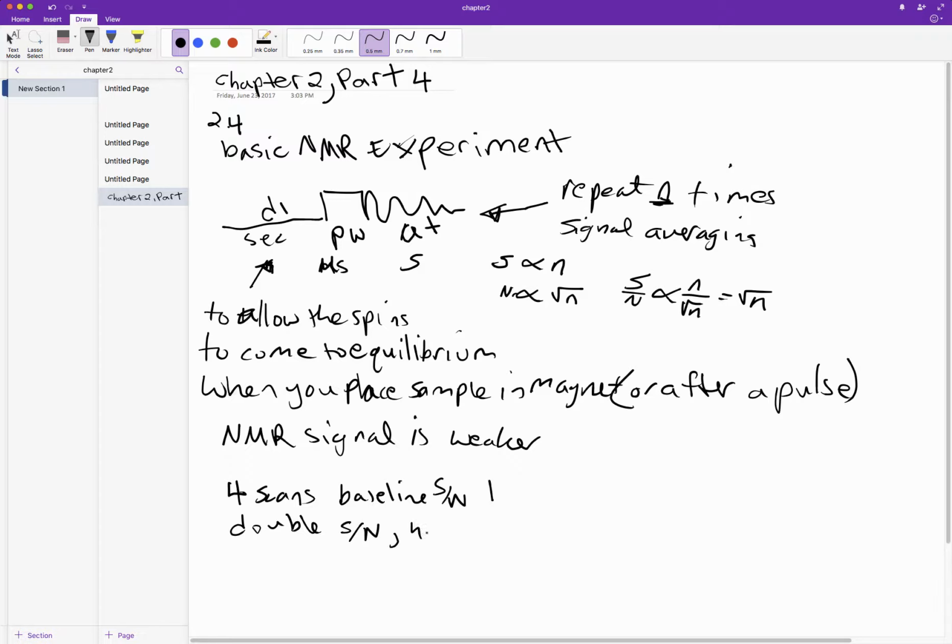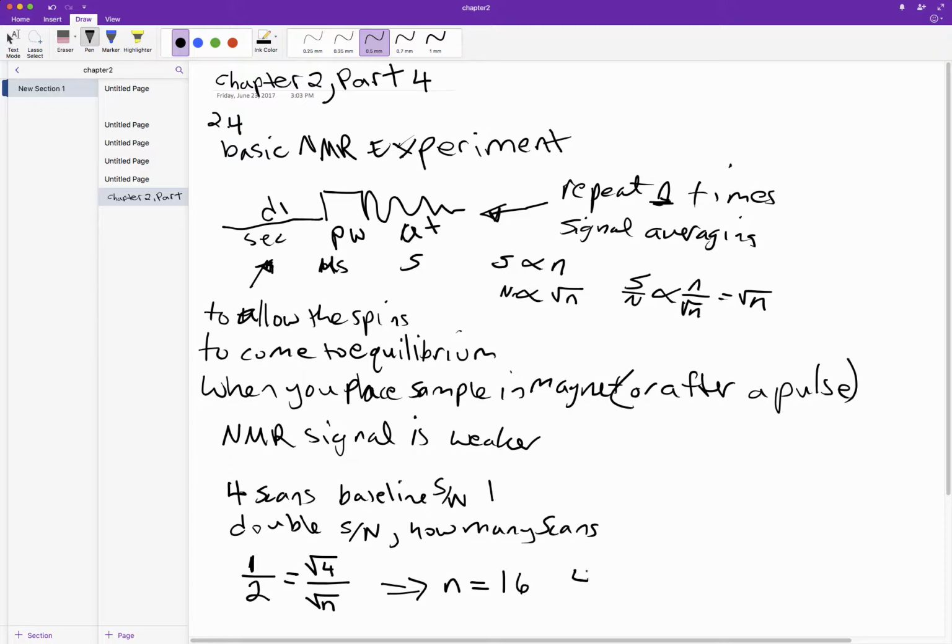The question is, how many scans do you need to do to double your signal to noise? We have a signal to noise baseline of 1, and we want to double it, but we know that we did 4 the first time, and we don't know what the number of scans is. If we solve for n, you're going to get n equals 16.